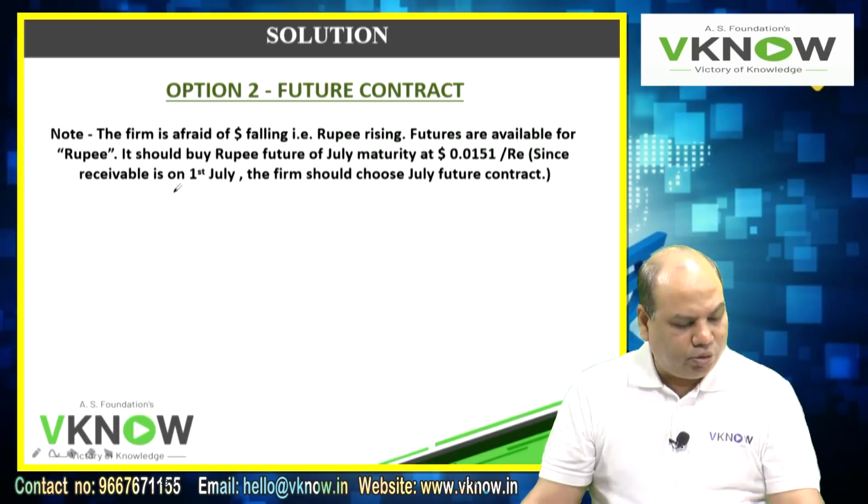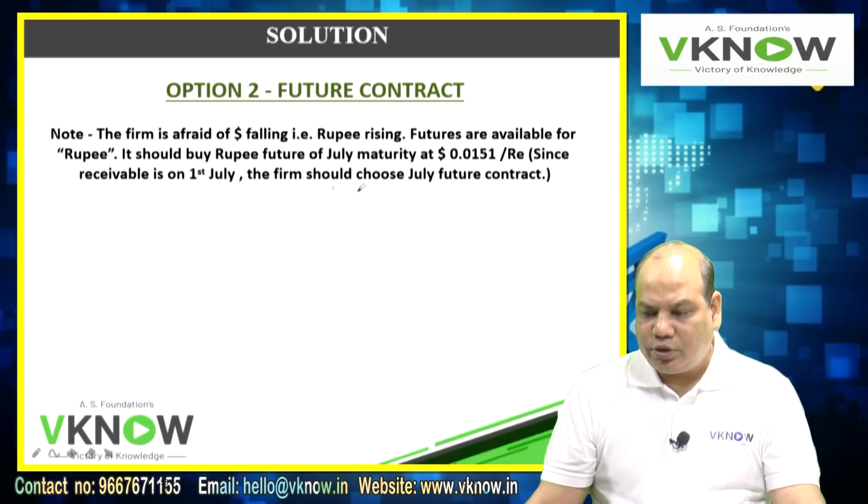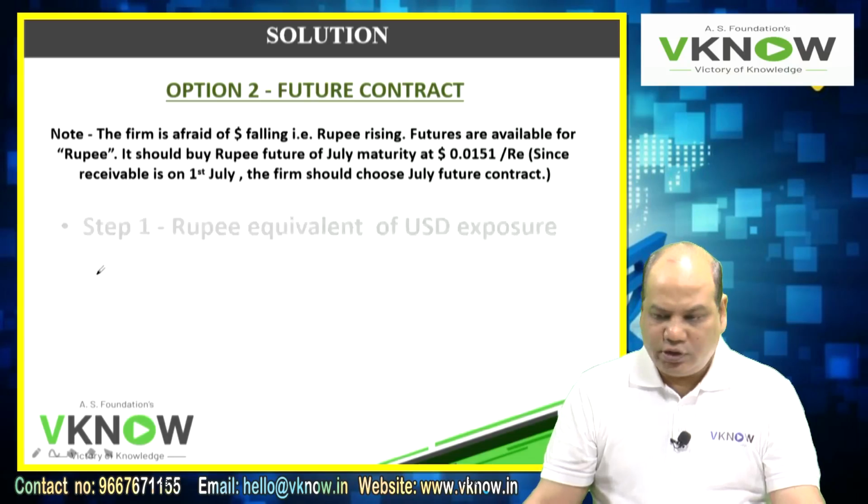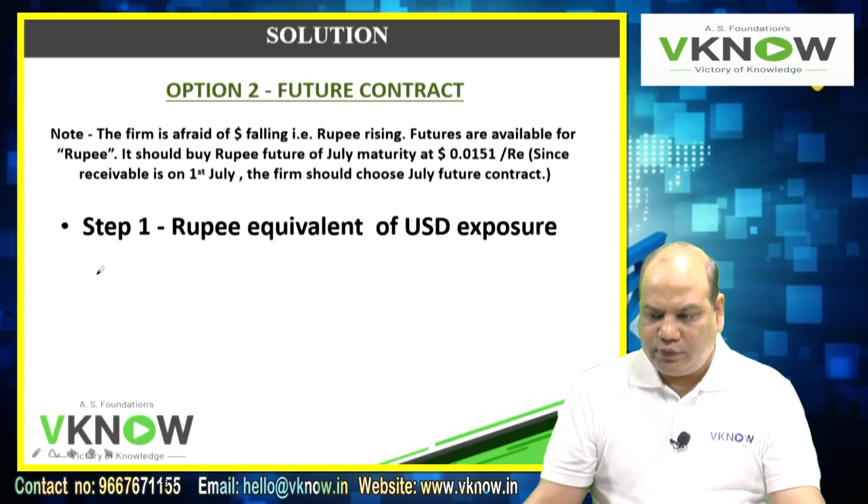And why have we entered into July, not April? I have written a reason for that. Since receivable is on 1st July, the firm should choose July future contract.